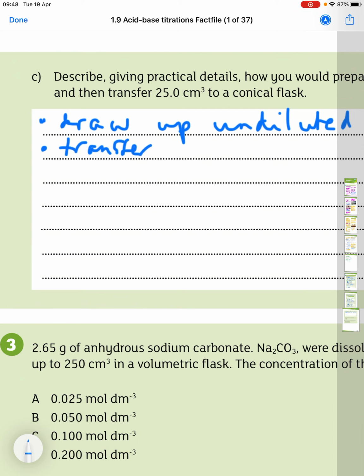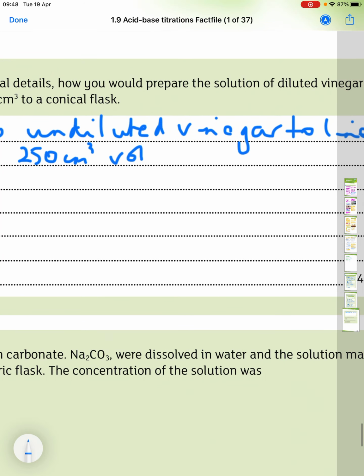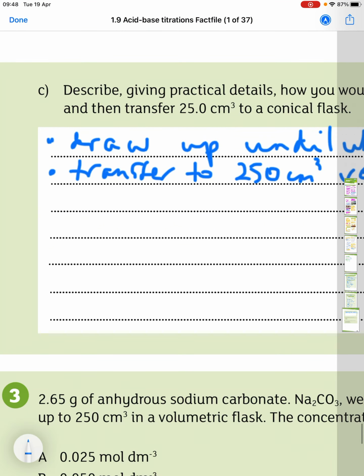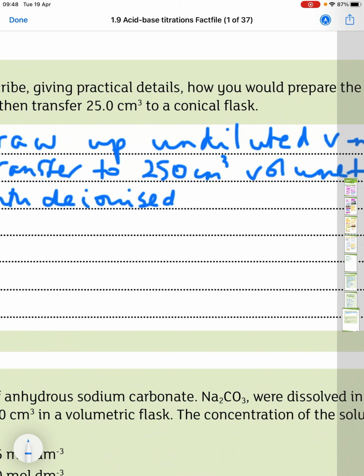Then we're going to say that you need to transfer to a 250 cubic centimetre volumetric flask and make up again to the line with deionized water.